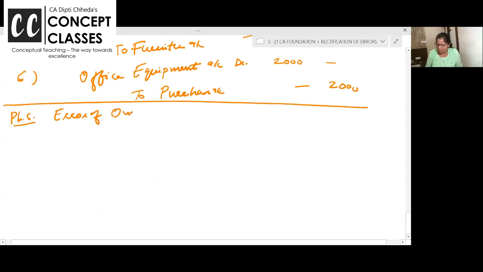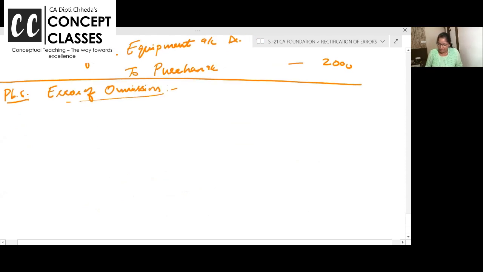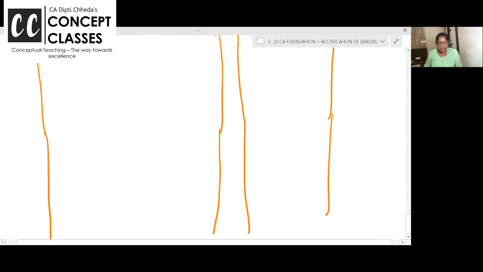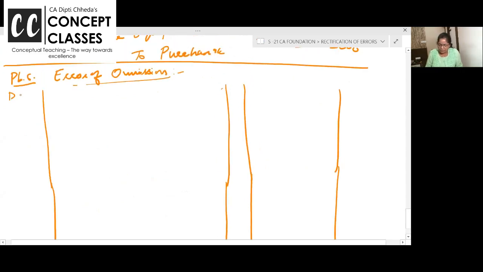Error of omission. Okay, date or serial number, particulars, ledger folio, debit, and this is the way you write journal entry, no? So make the format. Sometimes it is good, in the exam you will have to make the format. And you have to write reason also. Date, particulars, ledger folio where you post it, debit amount, and credit amount.